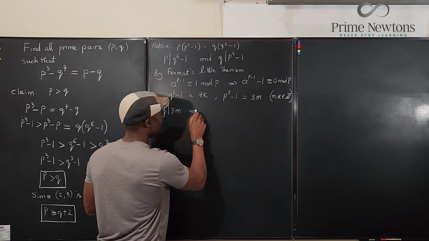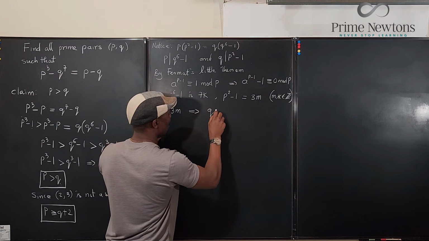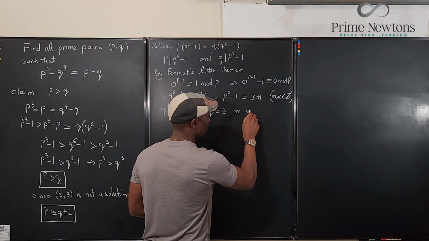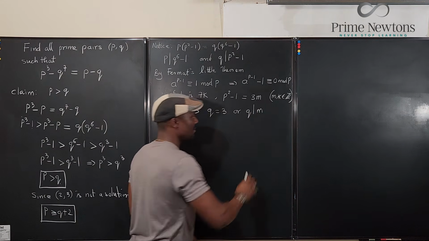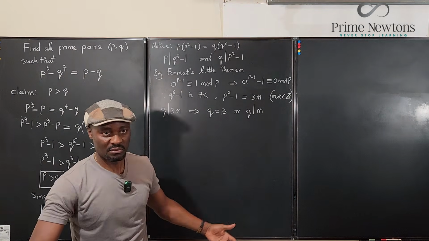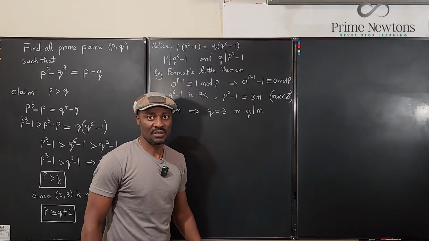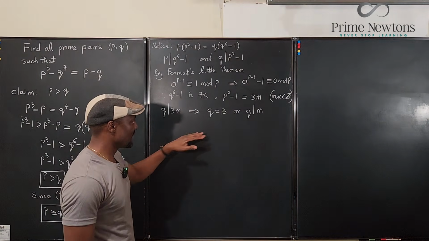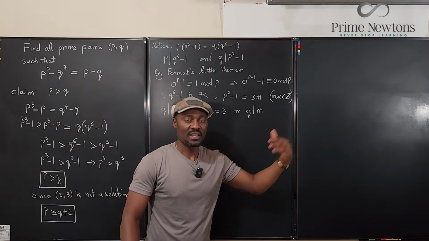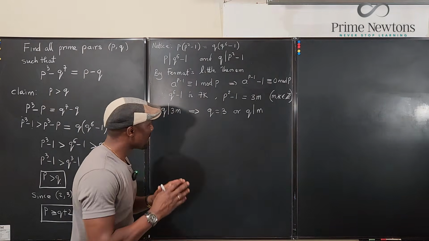So this means that q must be equal to 3. That's one option. Or q must divide m. So m must be another prime number or a composite number that is built on primes, one of the primes being q. Okay, so this is the possibility. We can have q equals 3 or q divides the other integer, which we don't know.